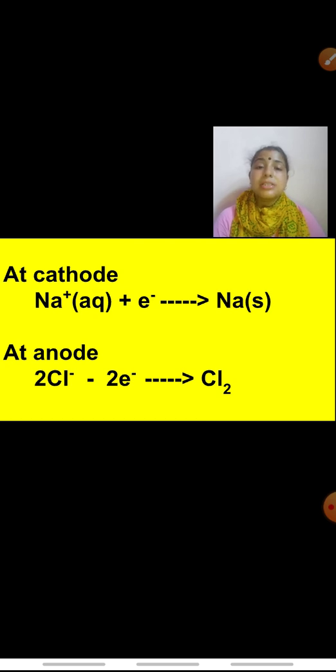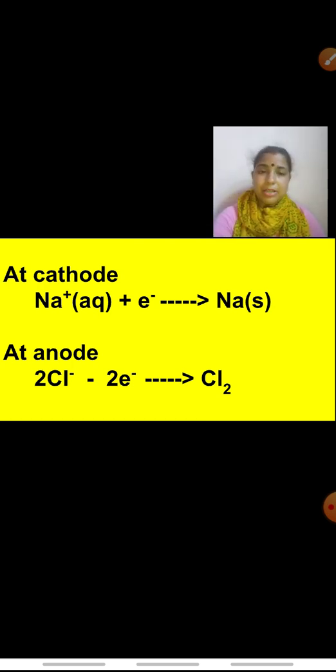From the solution, the Na+ ions come towards the cathode, accept the electron coming from the battery and convert into Na. That means sodium will be deposited at the cathode. And at the anode, chloride liberates electrons and converts into Cl2. 2 moles of chloride liberate 2 moles of electrons and convert into Cl2, and Cl2 being a gas cannot be deposited, it liberates.